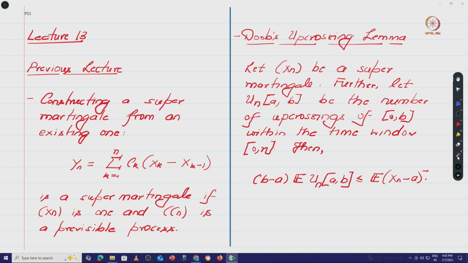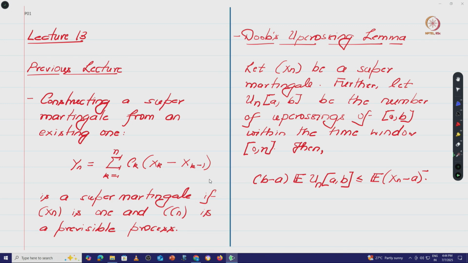One of them was constructing a super martingale from an existing one. In particular, we said that suppose Xn is a super martingale and Cn is a predictable process, then the process Yn, which is defined in this way, is also a super martingale.